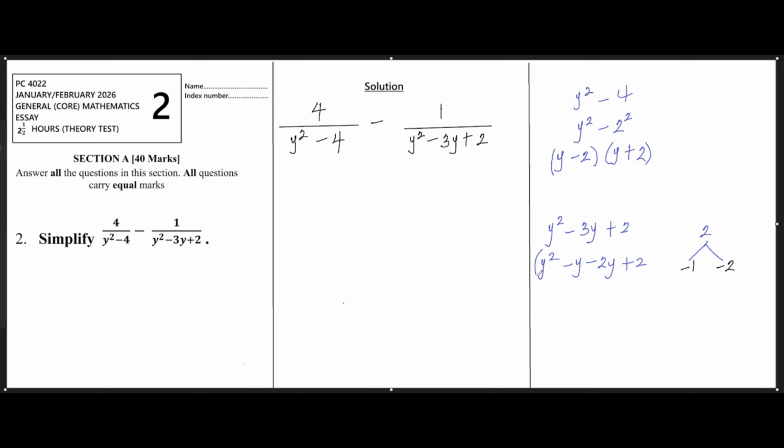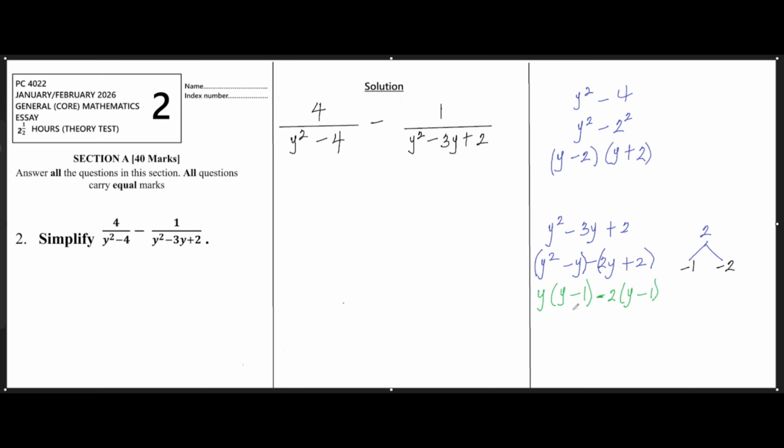We're going to group the first two terms and then the last two terms. Now with the first two terms, is there any common factor? Yes, the common factor here is y. So we are going to factorize y out, leaving y minus 1. Then we have our minus sign, and also with the second bracket, the common factor is 2. We factorize 2 out, leaving y minus 1.